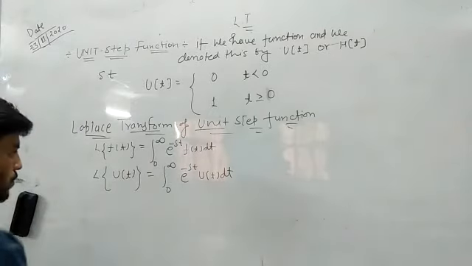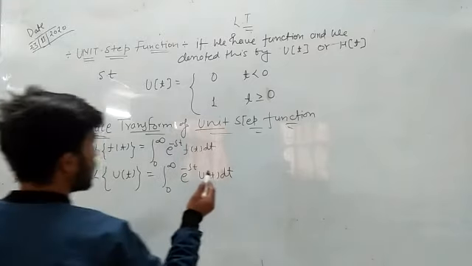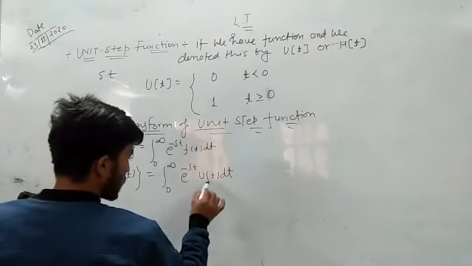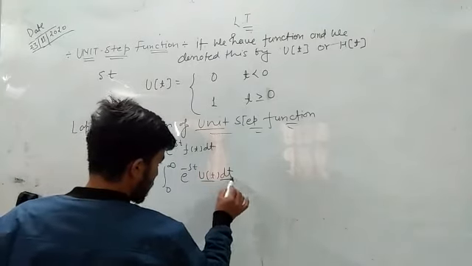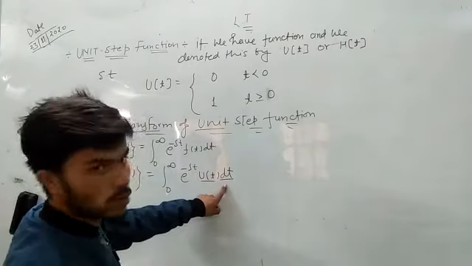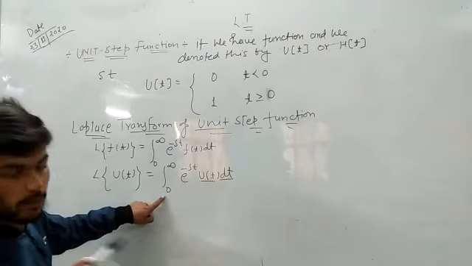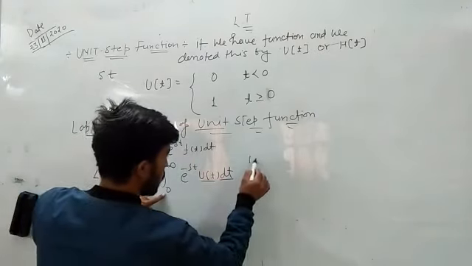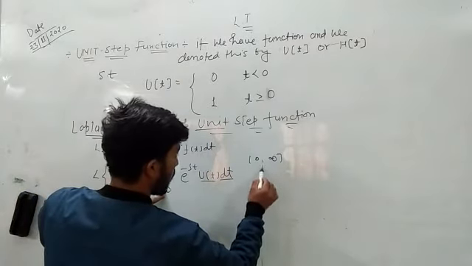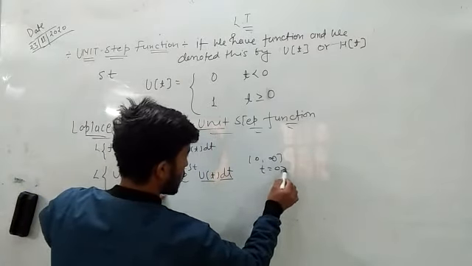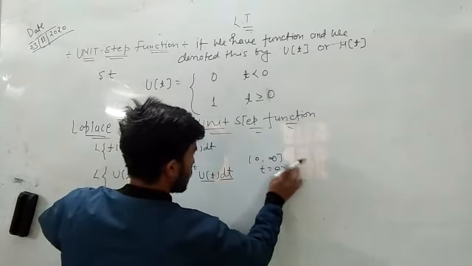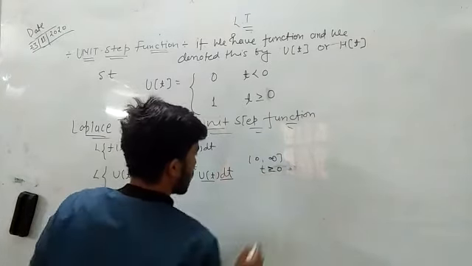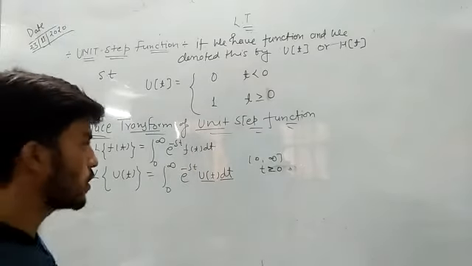Here we can easily see that the function is in terms of t and the integration is with respect to dt, so the limits should be in terms of t, and t goes from 0 to infinity. It means the value of t is greater than or equal to 0.